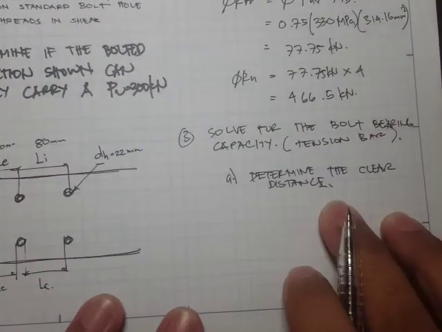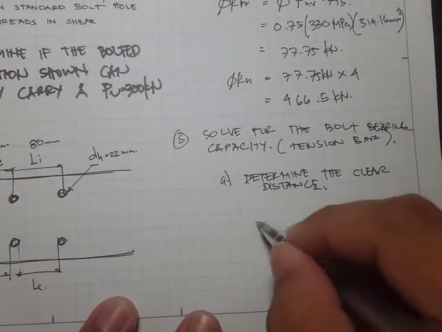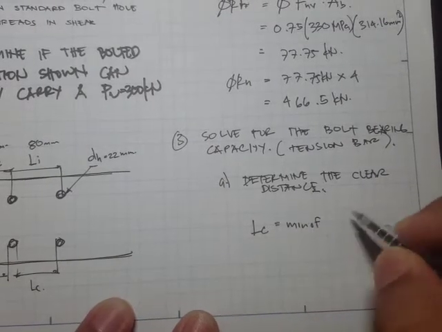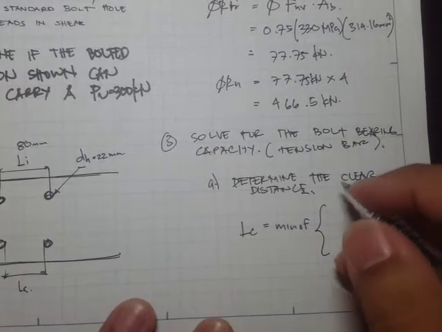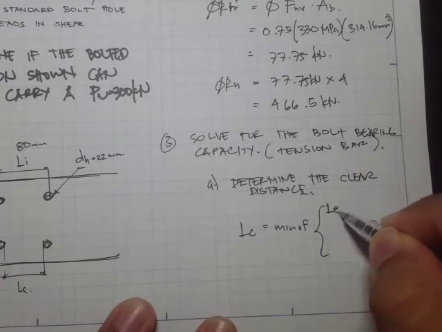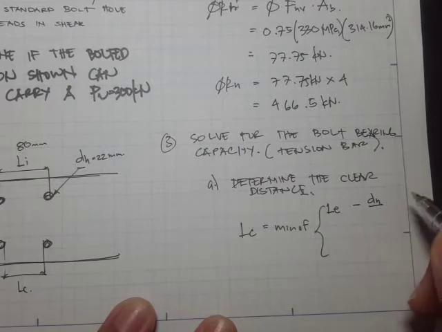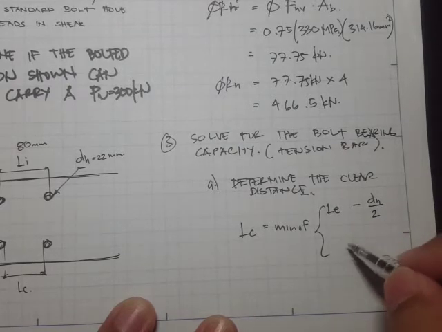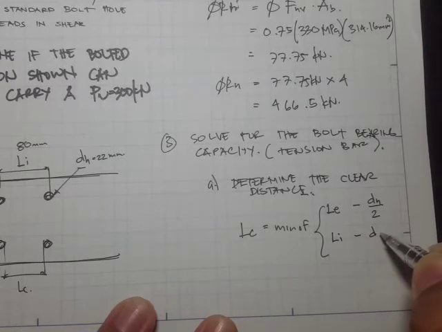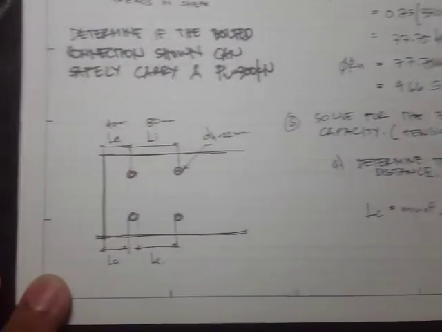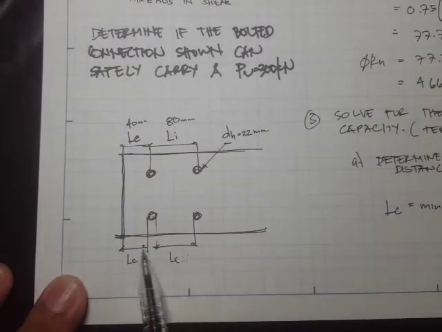The equation is L sub C is equal to the minimum of the two conditions, which is LE minus dH over 2, and Li minus the diameter of the bolt hole. Whichever is the minimum between the two is going to be our LC.